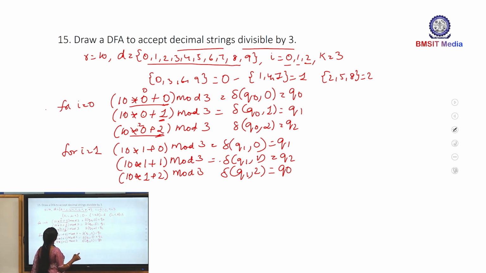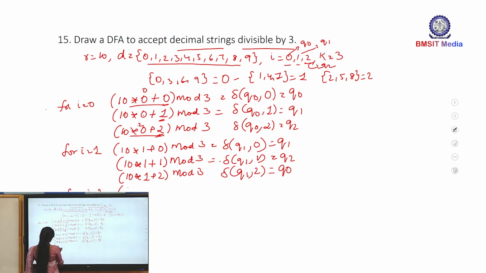So the only thing to be remembered is that every remainder that I have here is actually giving me a state. So I have Q0, Q1 and this one for Q2. Okay. Now coming to the last set for i equal to 2.